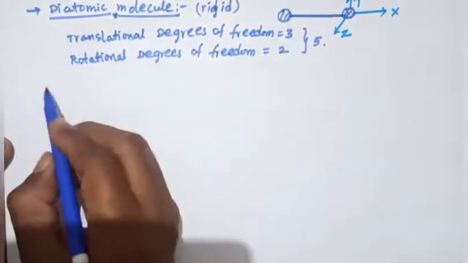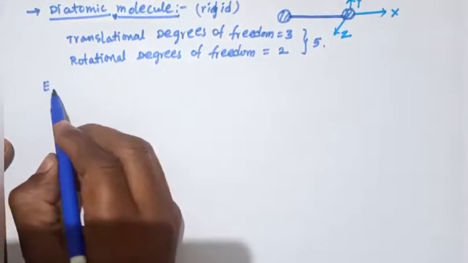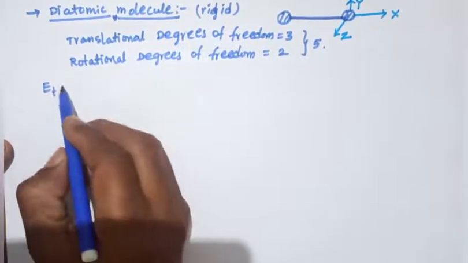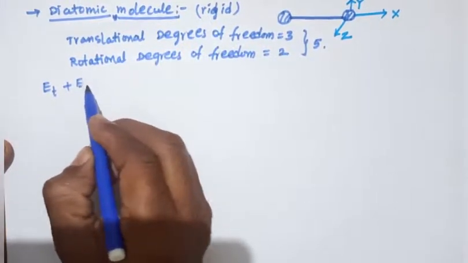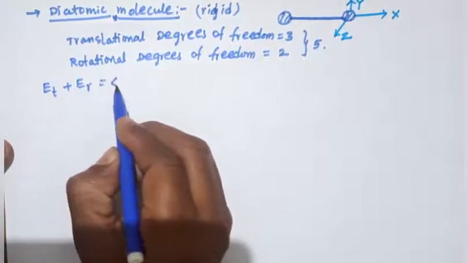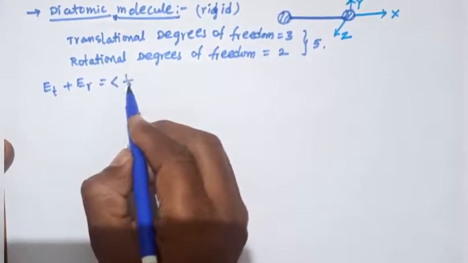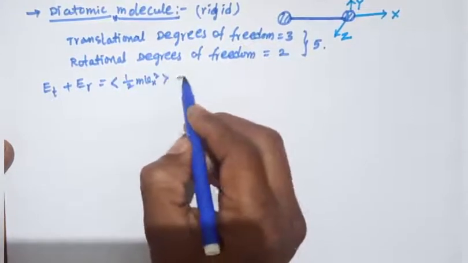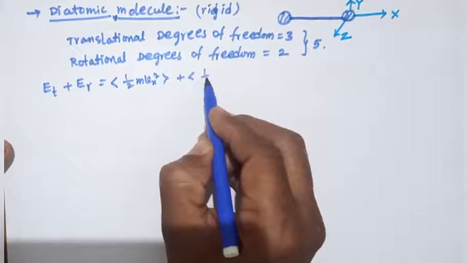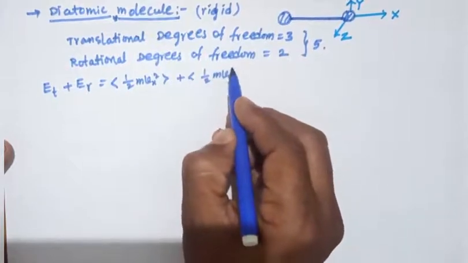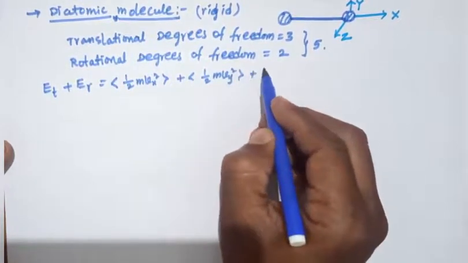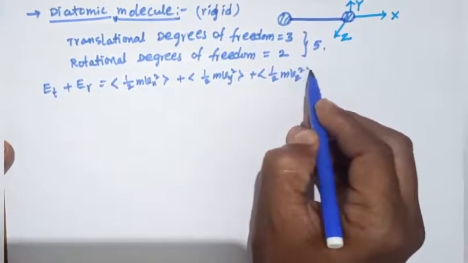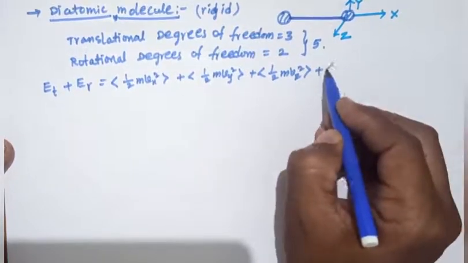So the energy is E translational plus E rotational, which equals the average of half m vx square, plus the average of half m vy square, plus the average of half m vz square, plus the average of half I1 omega1 square, plus the average of half I2 omega2 square.